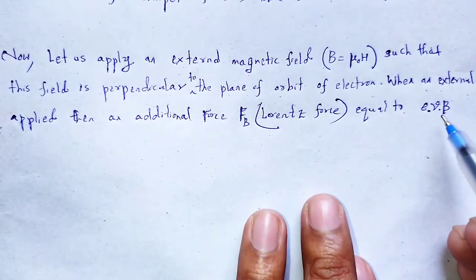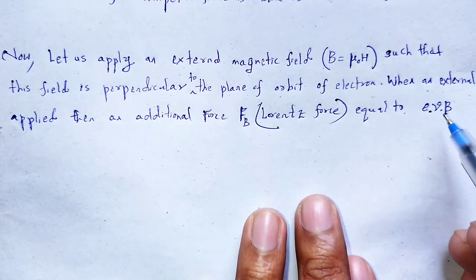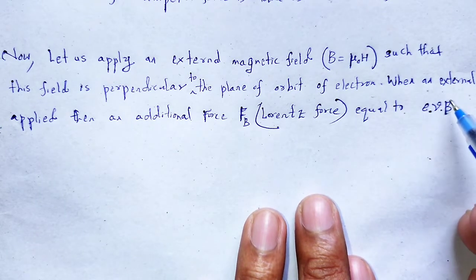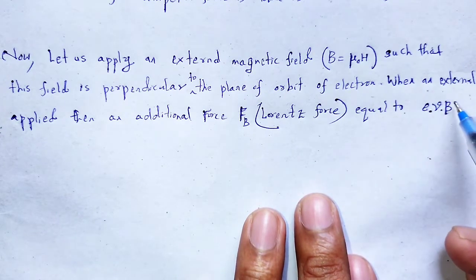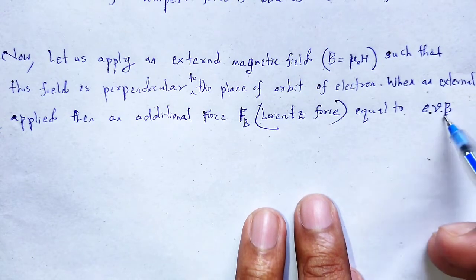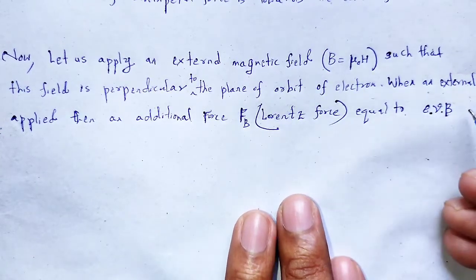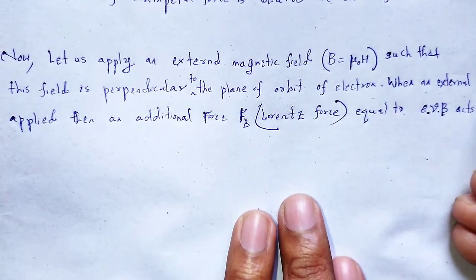That is e times v cross B, which is v B sin theta. Here v and B are perpendicular, sin 90 is 1, so e v B, that force acts on it.